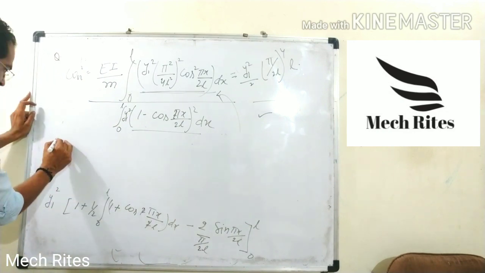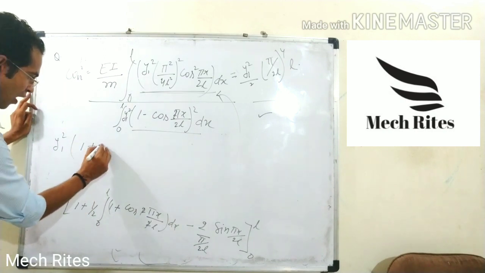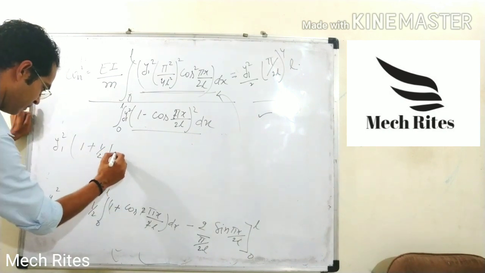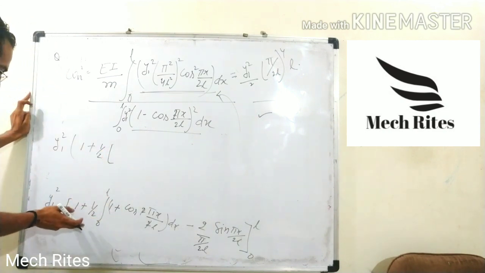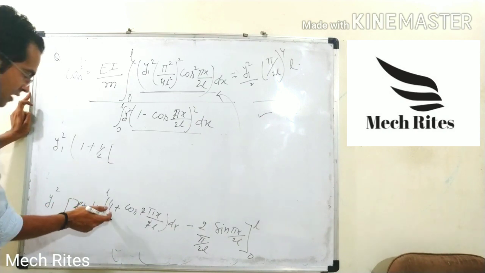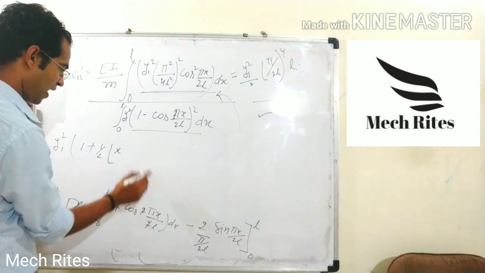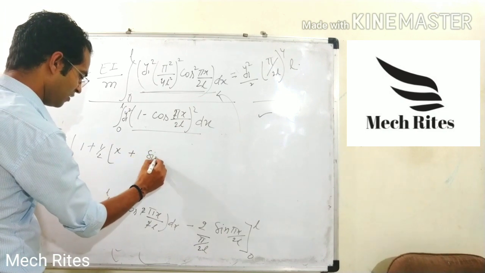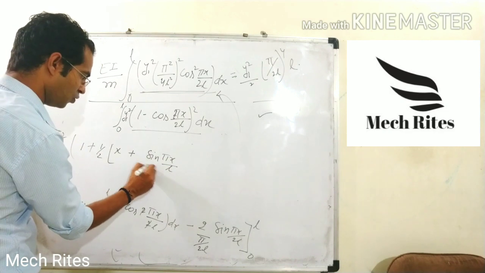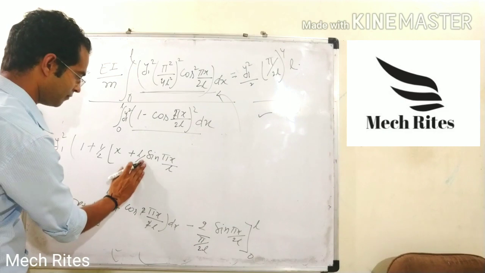So the final answer is 1 plus 1 by 2. Integration of 1 will be x here, so I write x. Integration of cos pi x by L means sin pi x by L, and we have to divide by pi by L, so I am writing L by pi.